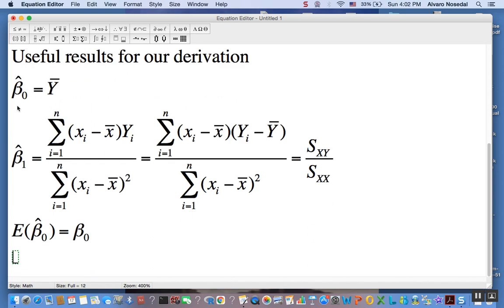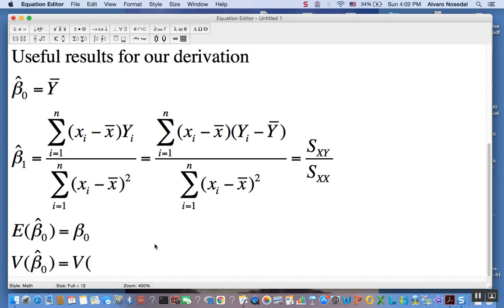We can also show that the variance of beta hat 0 is just sigma square divided by n, which, if you want, we could quickly show.